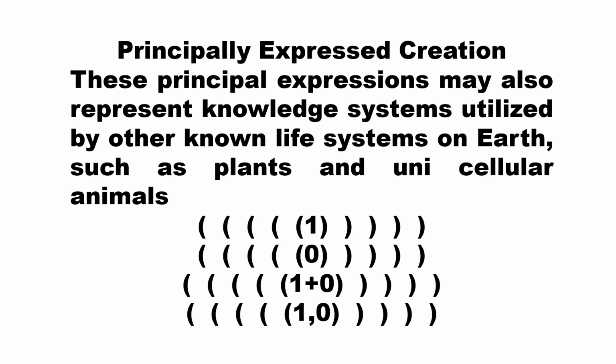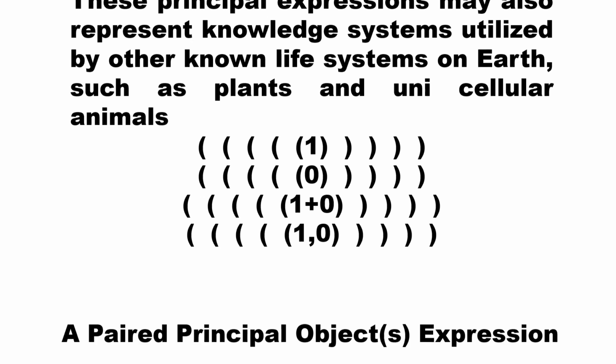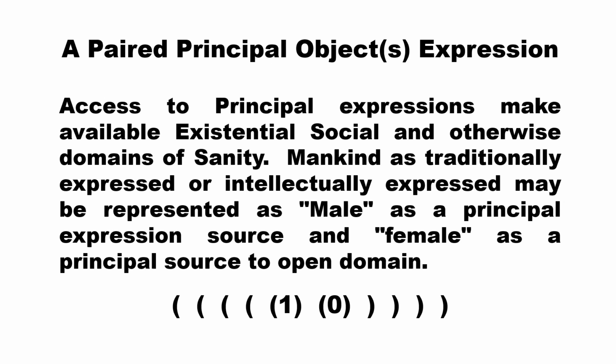Principally expressed creation. These principal expressions may also represent knowledge systems utilized by other known life systems on Earth, such as plants and unicellular animals. These variations could represent some of the different life forms we have on Earth as some form of principal expression. And I'll go on. Utilizing again my philosophy of creative math that all objects are somehow true, and we all do talk about expressions of male, female, and creation and all this.